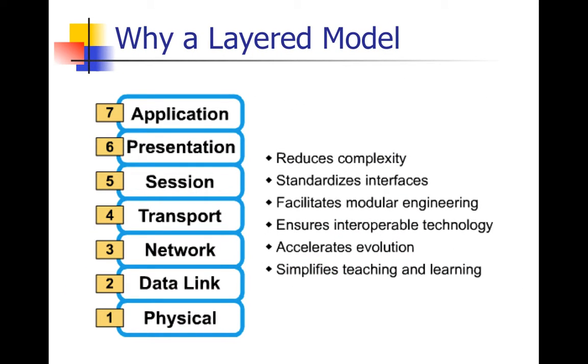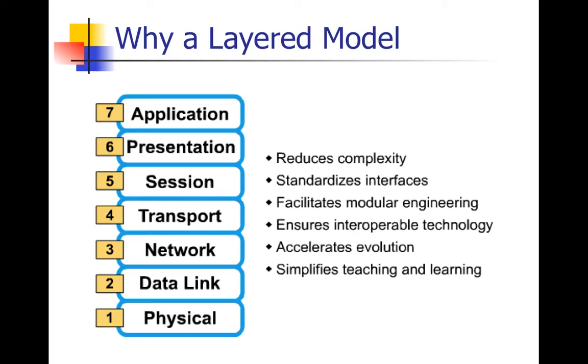So why do we want a layered model? Again, going back to that airline, you were able to replace a part of the layer. You're able to say, here's the endpoint, given this information, this is what I can do.